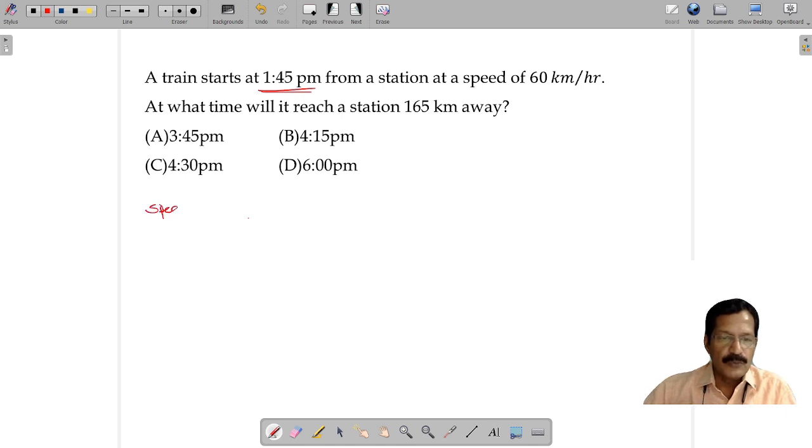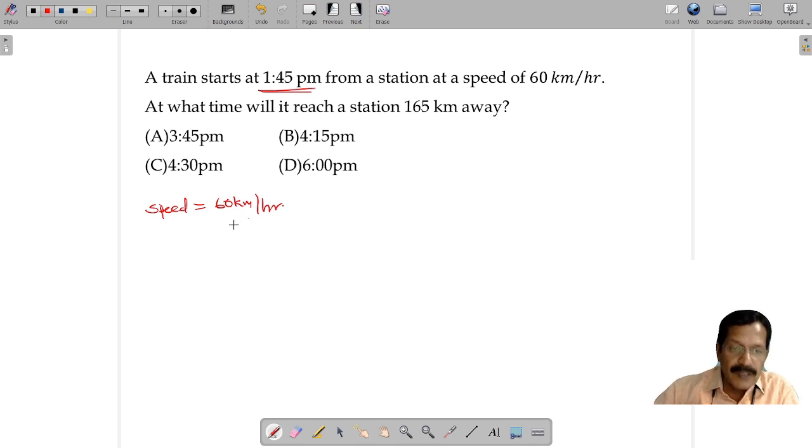Speed is equal to 60 km per hour. So the train travels 60 km in 1 hour. 1 hour means 60 minutes. So in 1 minute, the train travels 1 kilometer.